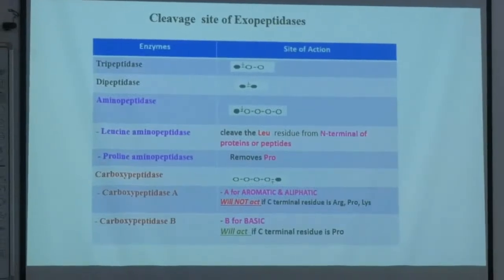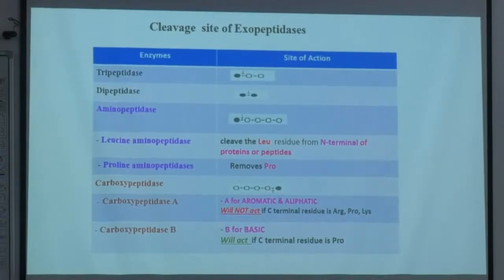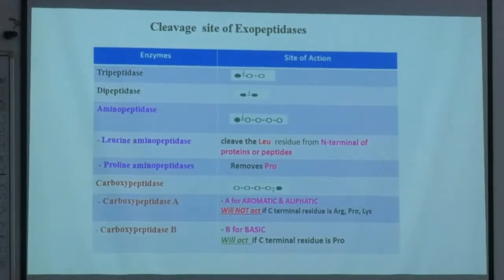Some of the terminology you must know. Tripeptidase means at one stage of protein breakdown you will get a tripeptide. Now tripeptidase acts when the tripeptide is there and it will release the dipeptide. And once the dipeptide is released, then it will be acted on by the dipeptidase.